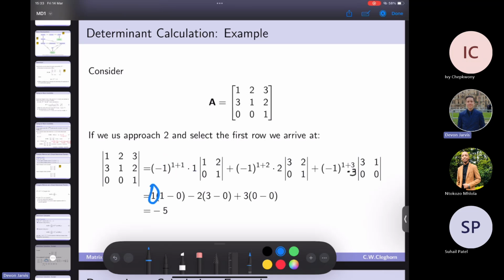That was a positive 1. In this case, this became a negative, and our multiple is 2, so negative 2. And then in this case, it was once again minus 1 raised to the power of 4, which is 1 plus 3. So we get a positive, and the multiple was 3. Okay, so those are 3 pieces, and then you just solve that addition problem.